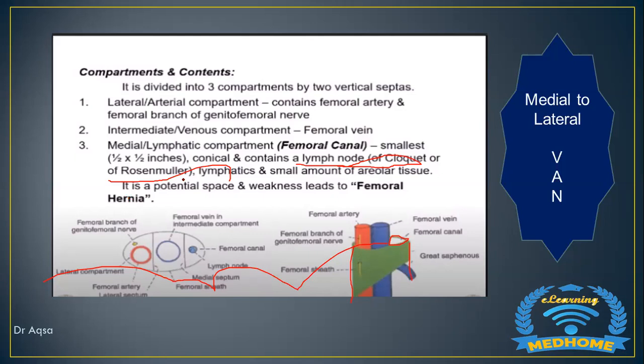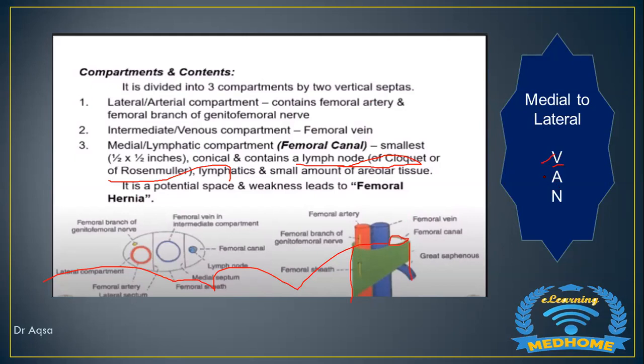So I will quickly revise the contents. Just to memorize, there's a mnemonic, VAN. Medially we have the vein.